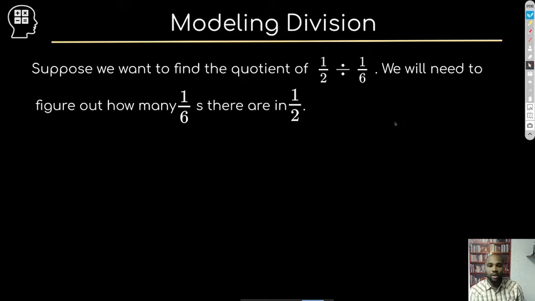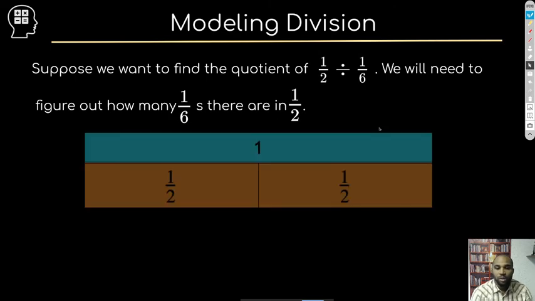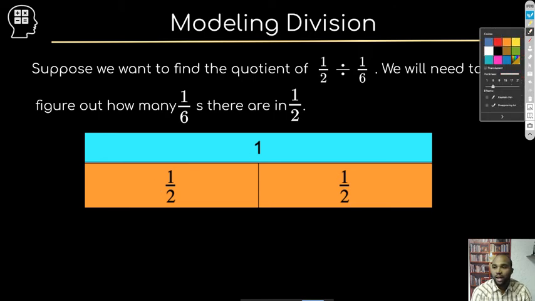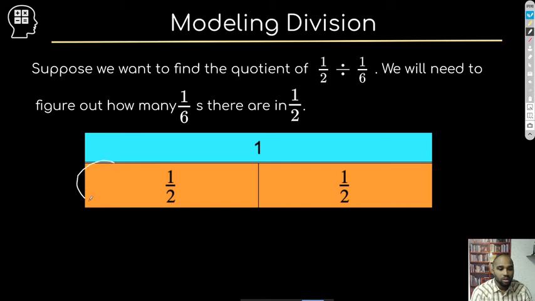So how do we figure it out if we wanted to model it? Well, here's what we could do. We could take one, this is a whole one in blue, and here's a half, as you can see right here. And what if I wanted to divide that half, this piece right here, into sixes, 1/6? How many 1/6 would fit in that 1/2?